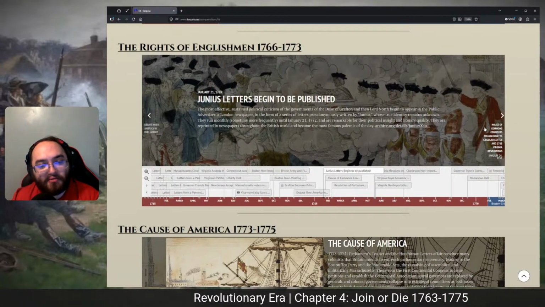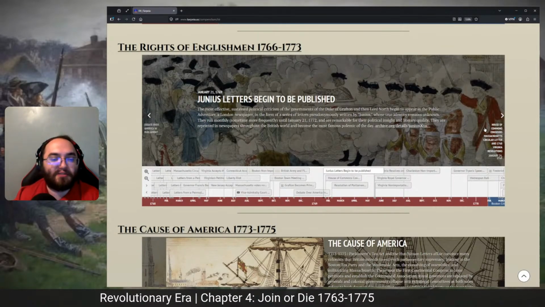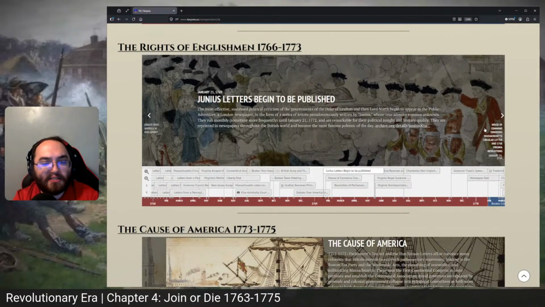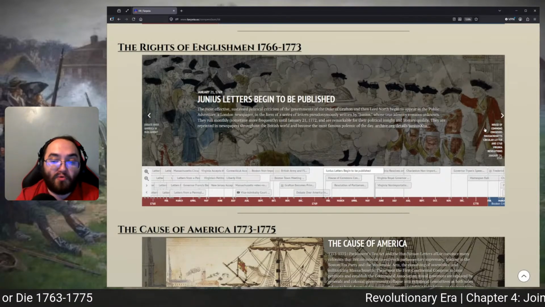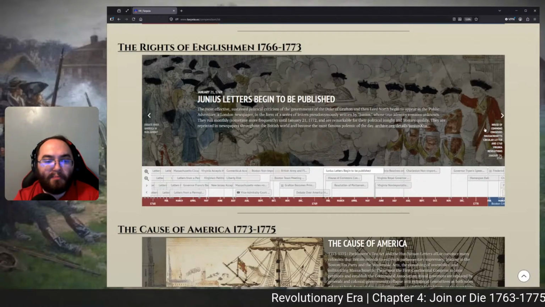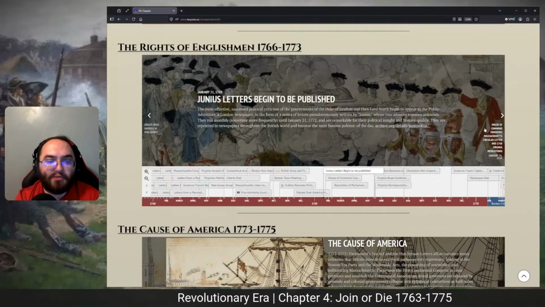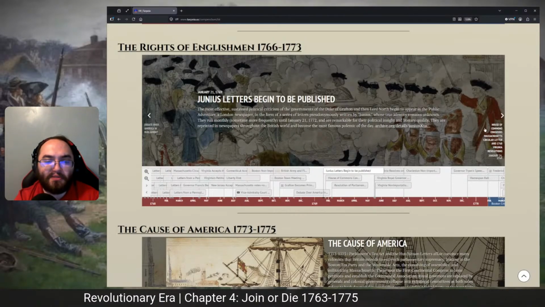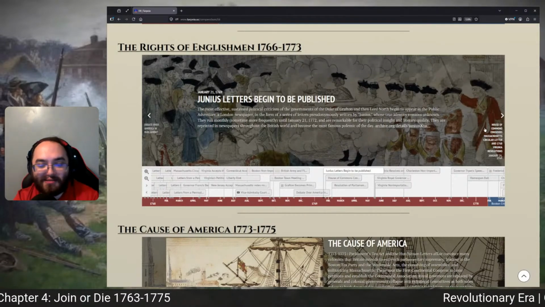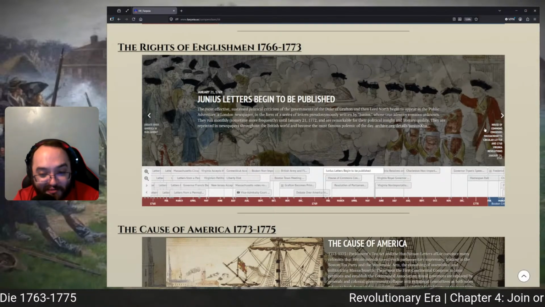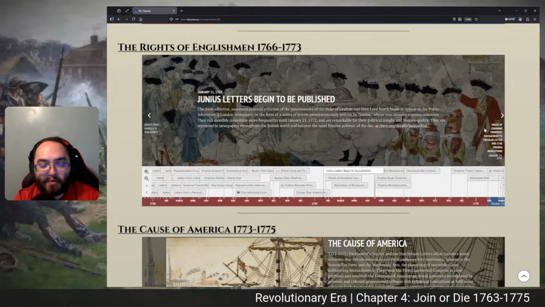The Junius letters begin to be published, most effective, sustained political criticisms of the governments of the Duke of Grafton and then Lord North. They begin to appear in the Public Advisor, a London newspaper, in the form of a series of letters pseudonymously written by Junius, whose true identity remains unknown.